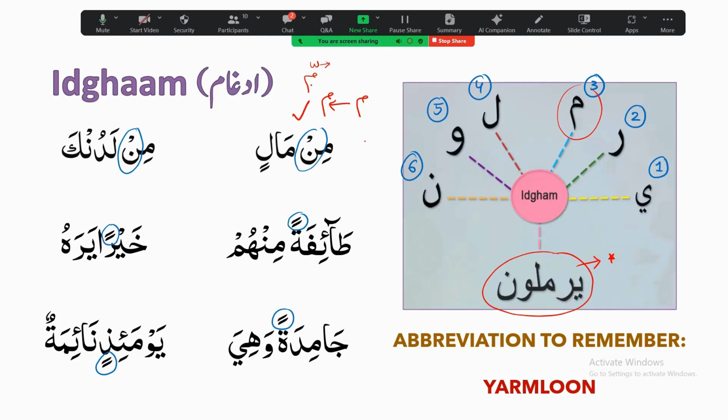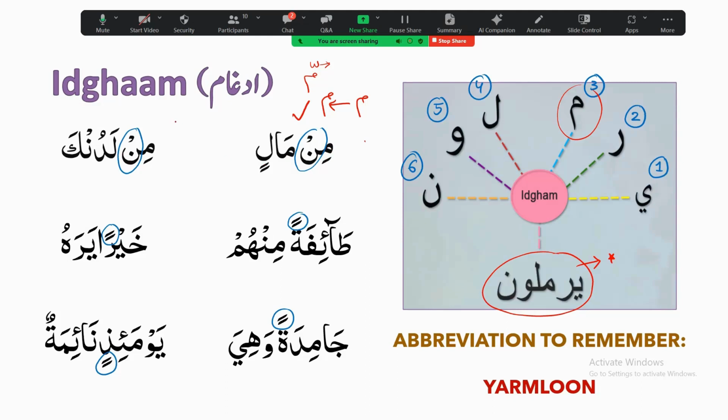So that is how we repeat the sound in that letter. Sorry for confusion. Okay, so in this word here, we will enter the sound of meme into meme sakin here and say mim malin.